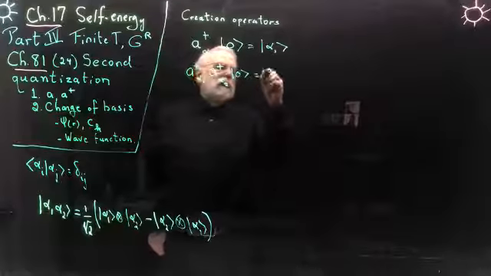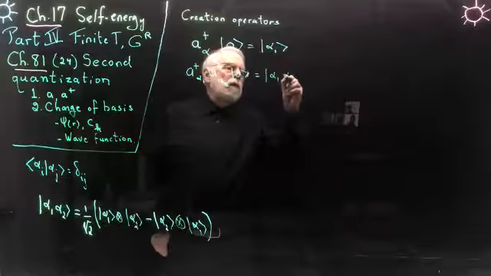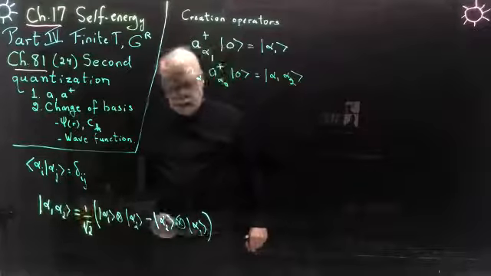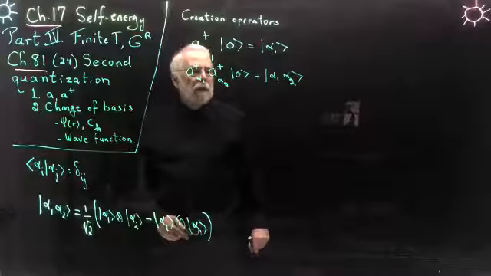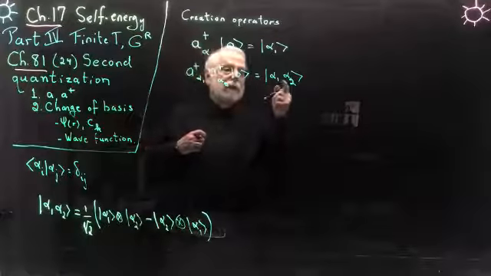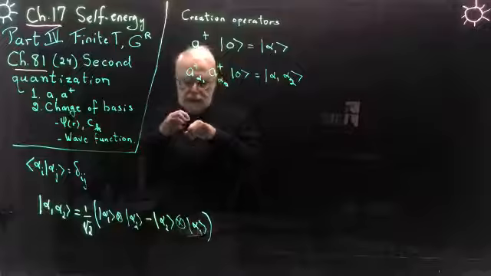Then this is alpha 1, alpha 2. It is this state. So it means that these operators are defined in such a way that they anti-symmetrize this state.